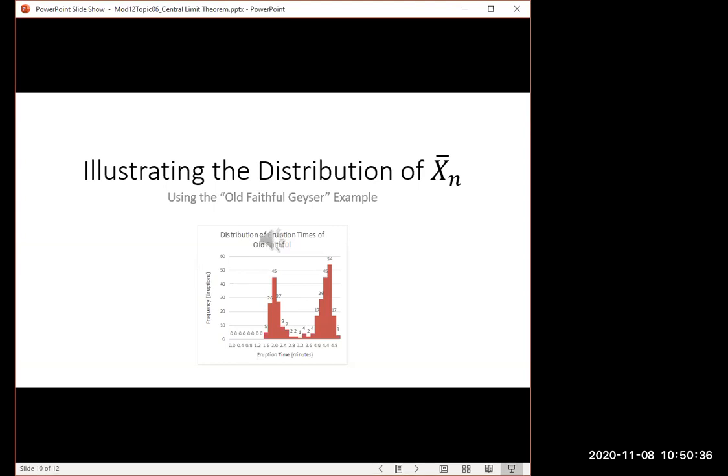And so if you start that way, the question is, as you take sample means with larger and larger samples, do you still approach this normal distribution in the end? And I'll just show you some pictures on the next slide to show you how that works.